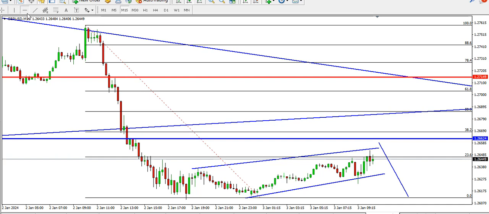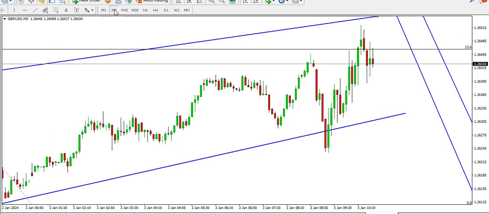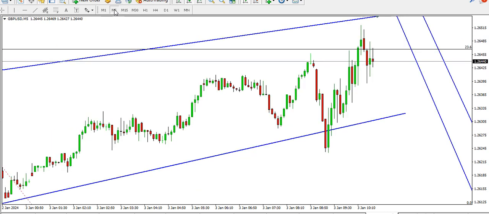Price might actually get to the 30.2% Fibonacci level at 1.26678 before sellers step in and push price downward. So overall, for now, look for selling opportunities on GBPUSD.